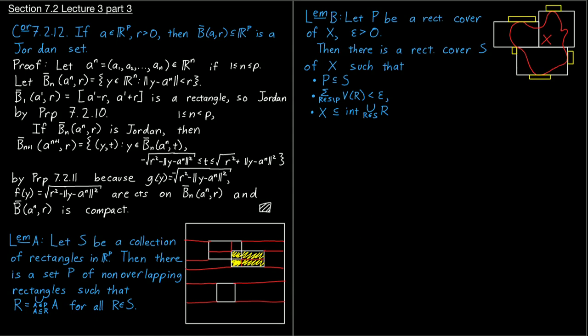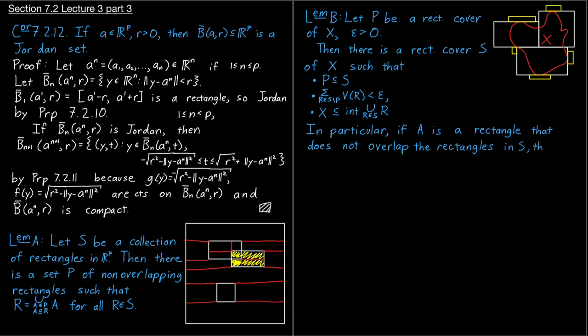And then I'll point out that in particular, if A is a rectangle, if we need to make our cover S any bigger, so if we throw in any rectangle that does not overlap the rectangles we've already got, then A is not allowed to intersect with X.